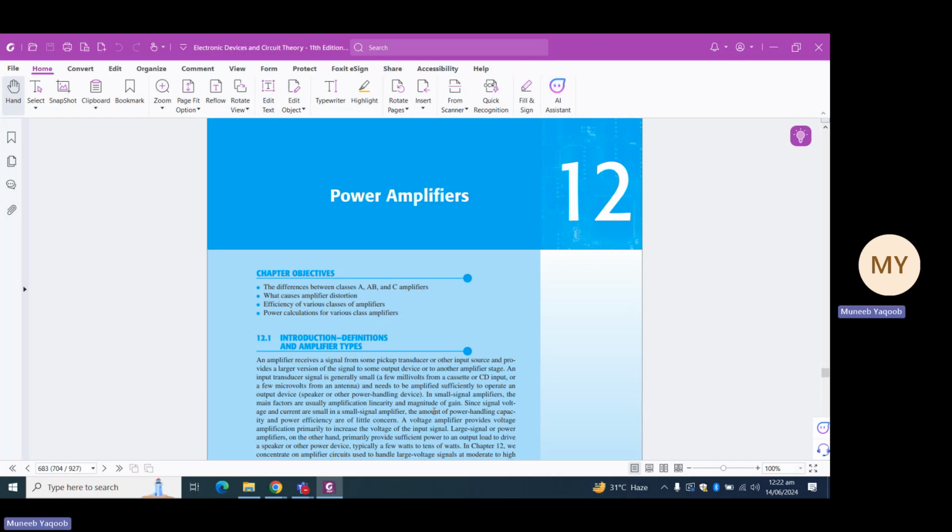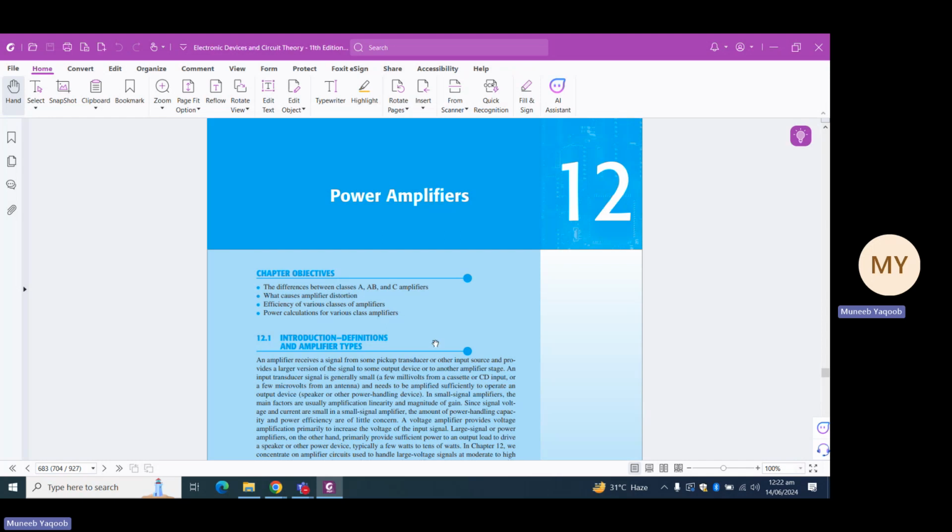Because common emitter amplifiers perform both the current amplification and the voltage amplification as well, while a common base amplifier only provides the voltage amplification. Similarly, a common collector amplifier provides only the current amplification. So in this way, power amplifiers are those amplifiers that provide us both the current and the voltage amplification.